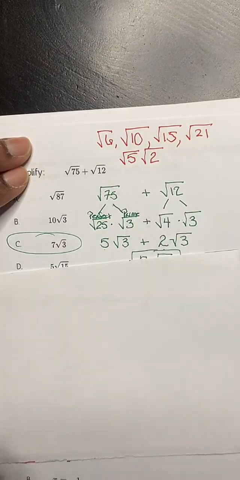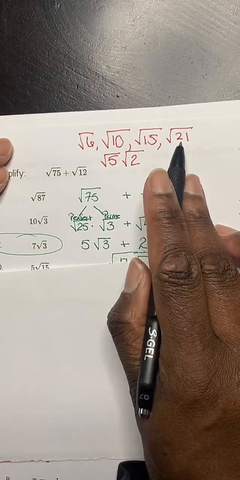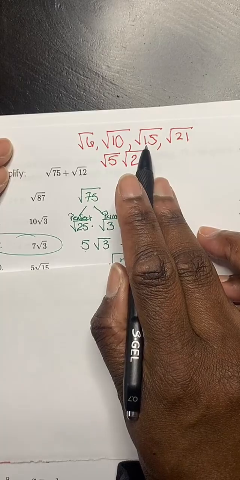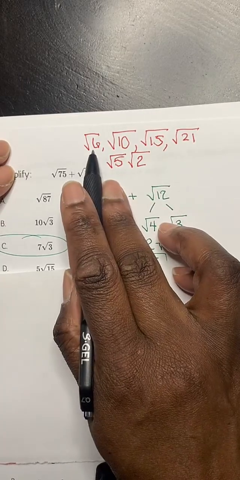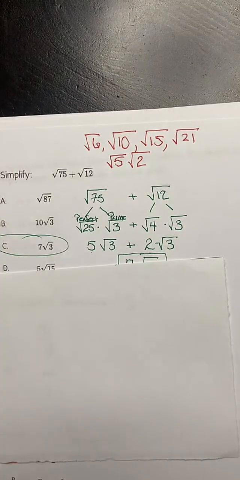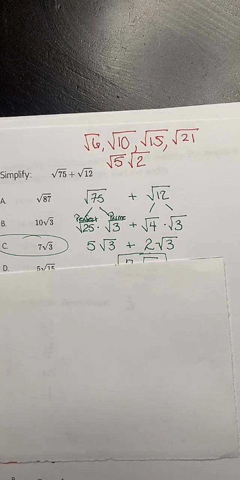Because 21 is 7 and 3, 15 is 5 and 3, and 6 is 2 and 3. Remember, 2 is the first prime number. Does that make sense? I forgot who asked that question.